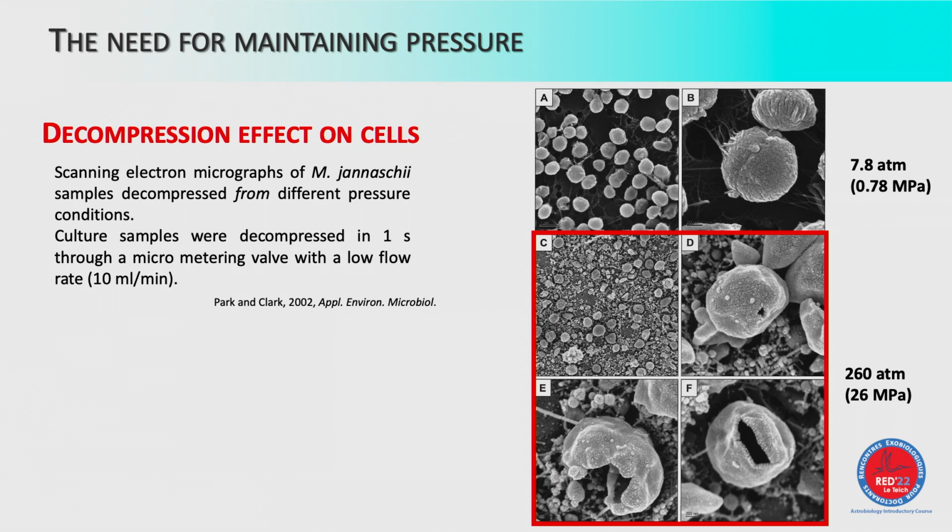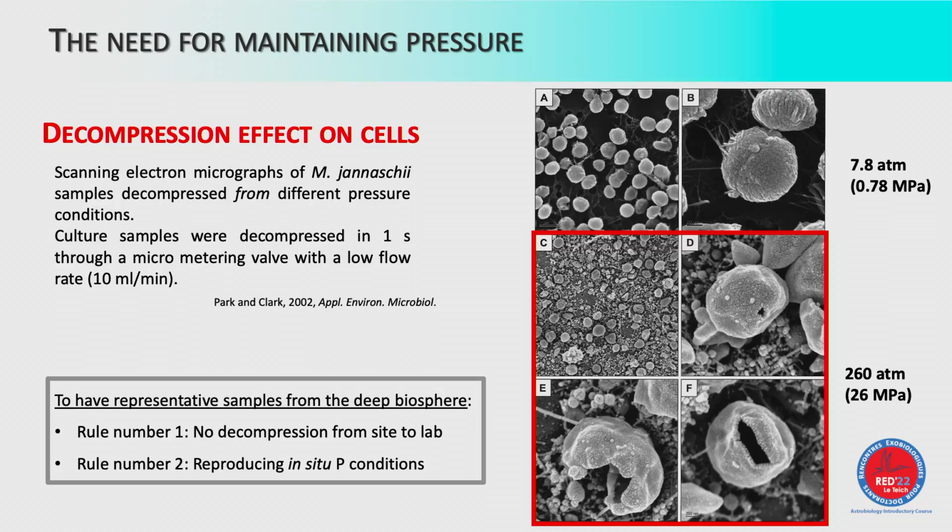When you decompress some deep sea samples, you kill the cells and you cannot look at them anymore because they are dead, and you get biases induced by decompression. So there are two rules to follow if you want to work with representative samples of deep sea vents. Rule number 1, no decompression from site to lab. Rule number 2, reproduce in situ pressure conditions.